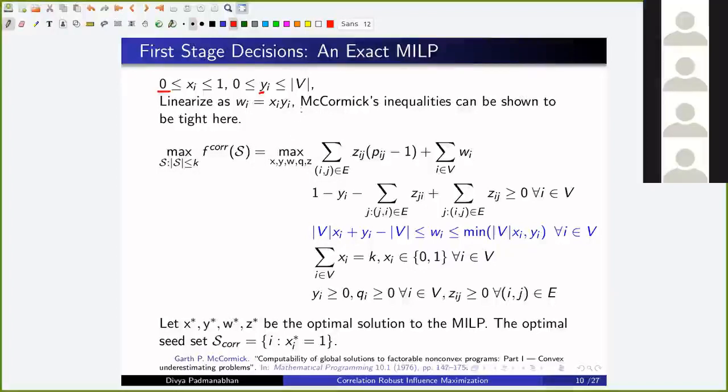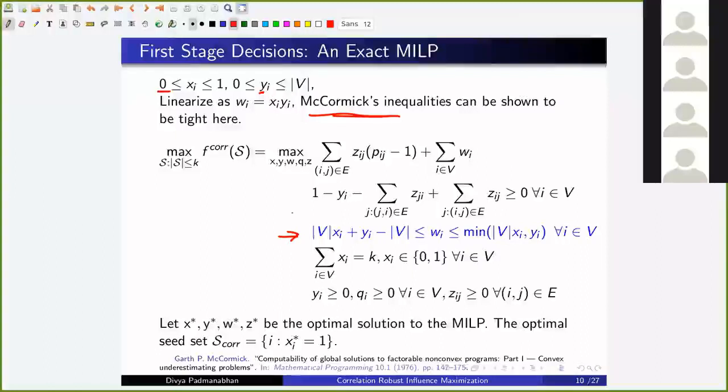Now if we have these lower and upper bounds for these variables, there are McCormick inequalities which you can plug in. The McCormick inequalities are shown in blue here. You replace every occurrence of x_i y_i with this new variable and include these constraints. It's not always guaranteed to be exact.